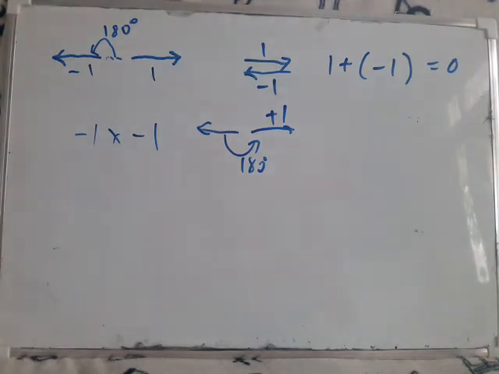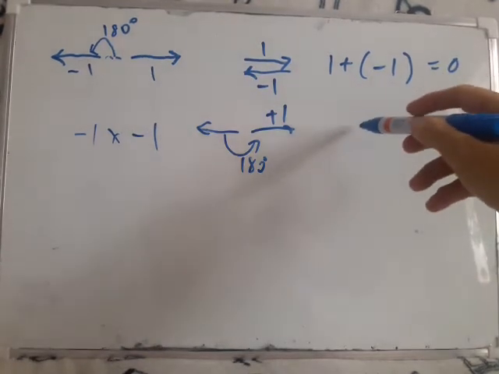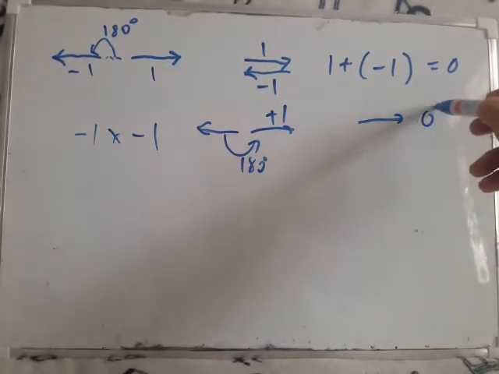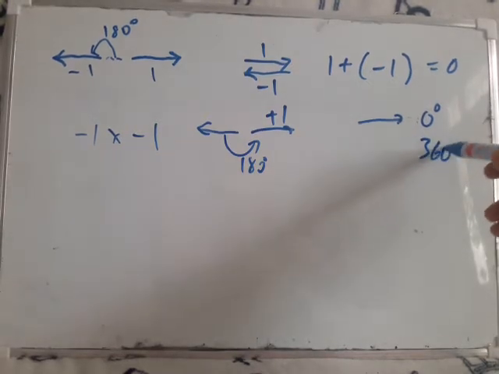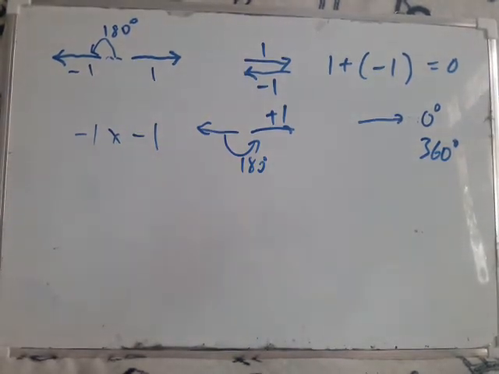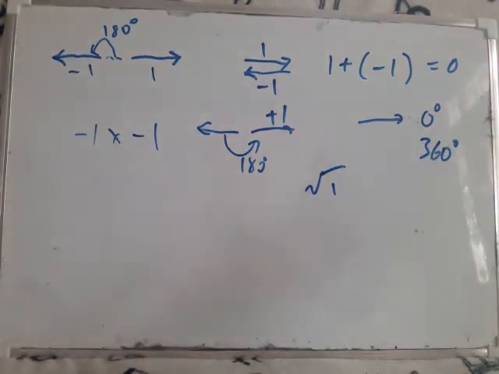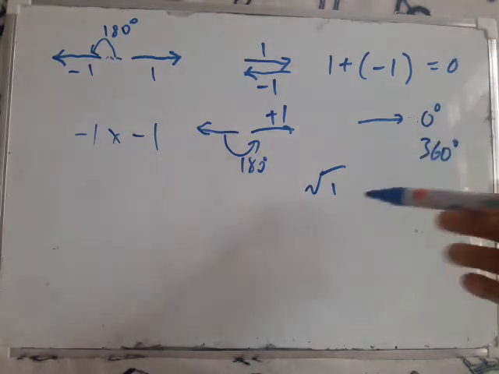So what's the square root of 1? I can think of 1 as having a direction of either 0 degrees or 360 degrees. To find the square root of 1, I need to ask, when I multiply the square root of 1 by itself, I will end up doubling the angle.